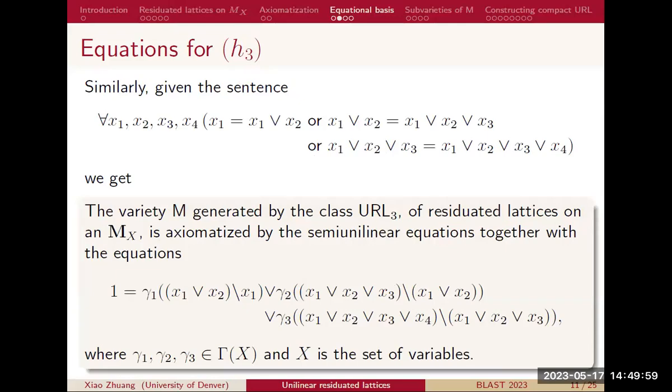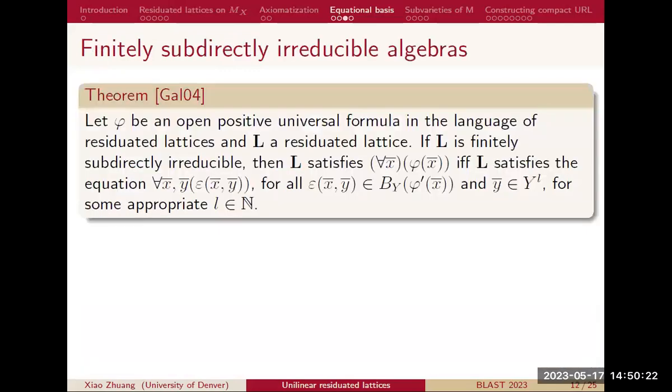Because we want to talk about the variety generated by the class URL3. So with the equational basis, we know the varieties generated by URL3 are just the models of the axioms for residuated lattices and the equations corresponding to URL and H3. So we get a variety.